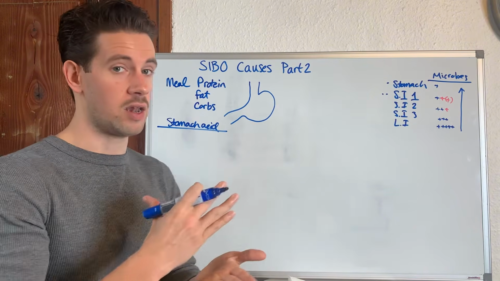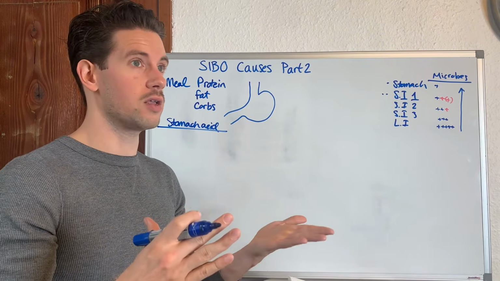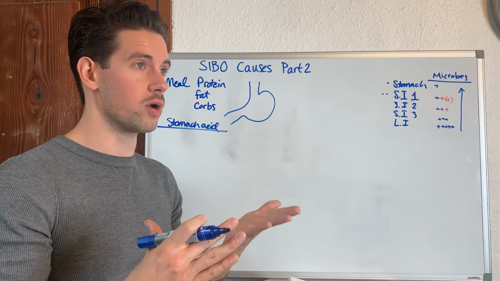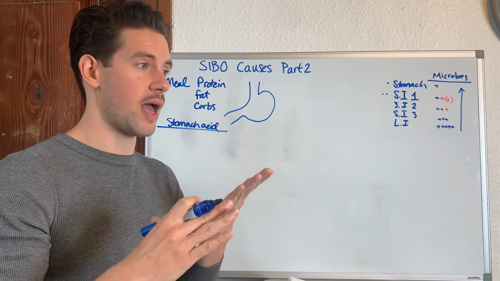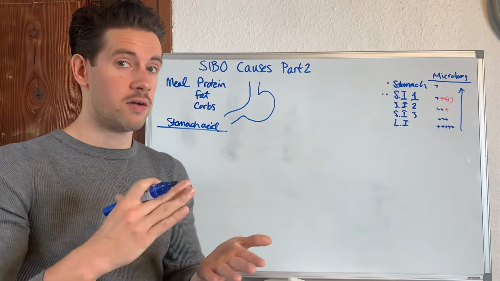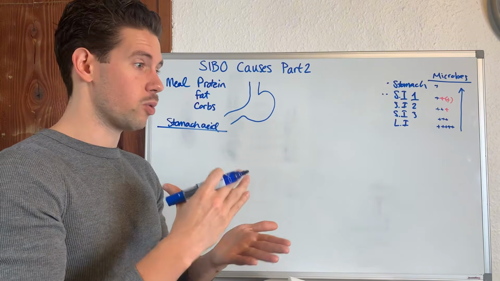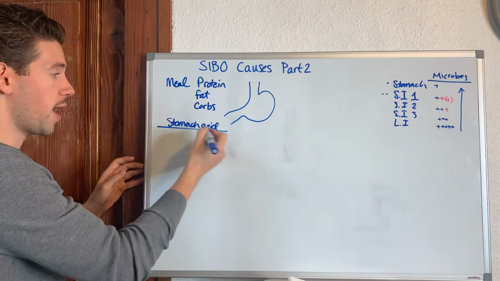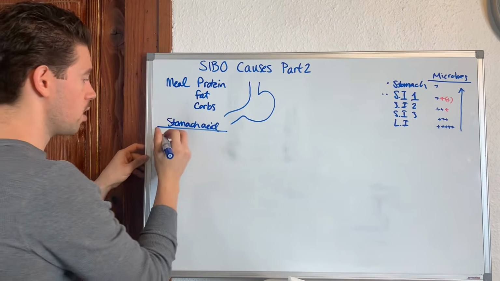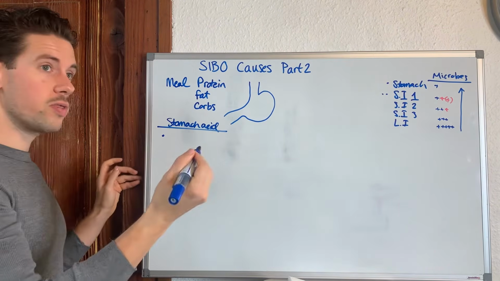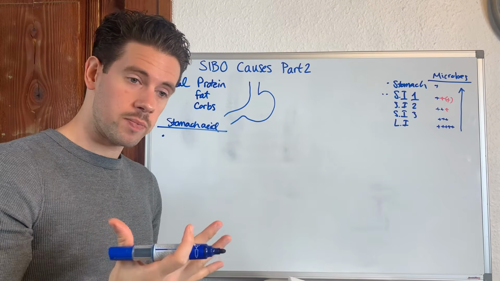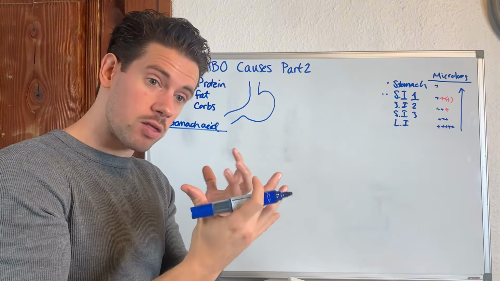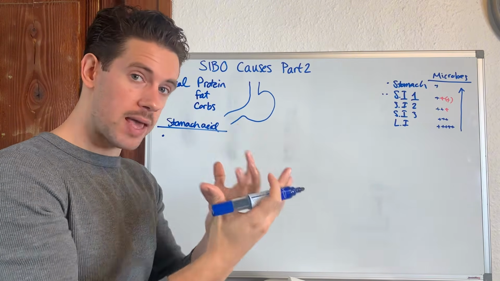Stomach acid is not like a Frankenstein type of lemon juice or a type of vinegar. Stomach acid is made up of vitamins, minerals, and it requires protein. So if you have insufficient stomach acid, what are the ingredients to make a cake? What are the ingredients we require in order to make stomach acid?